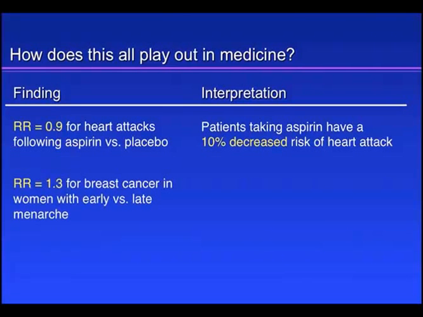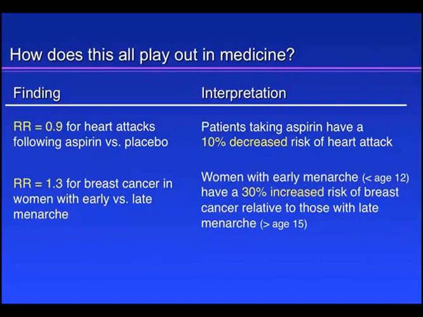How about an RR of 1.3 for breast cancer in women with early versus late menarche? That means women with early menarche have a 30% increased risk of breast cancer relative to those with late menarche. Where did I get the 30%? It's 1.3 minus 1 equals 0.3, or 30%.